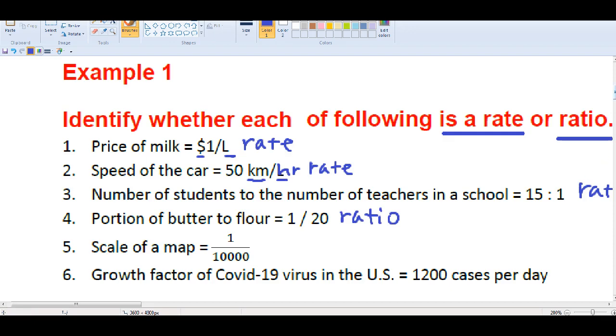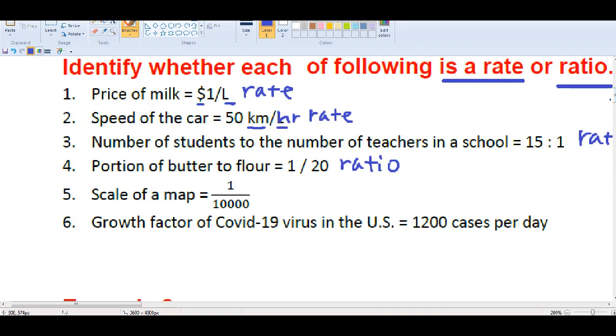Scale of map. Normally we understand that in the map all the things are in a scale, all right? So you need to magnify that scale to get the real size of the object.